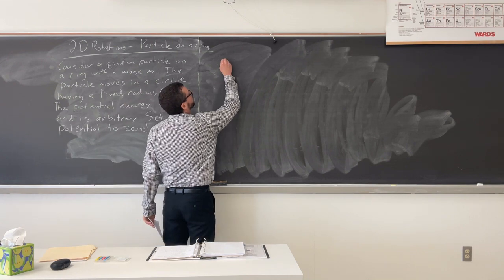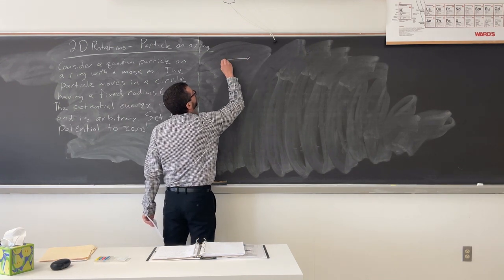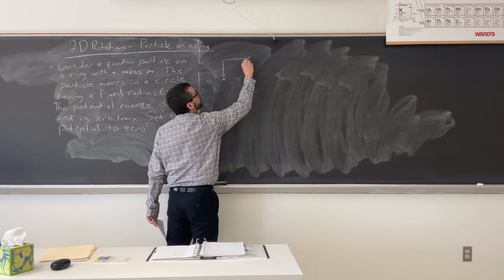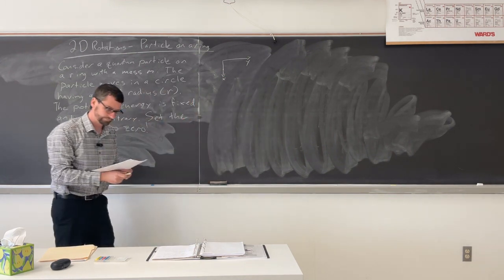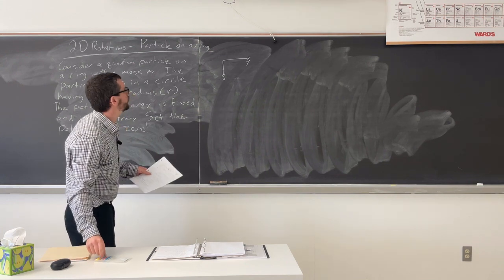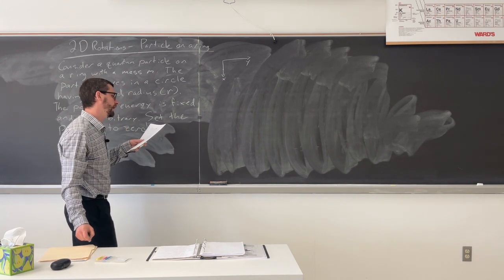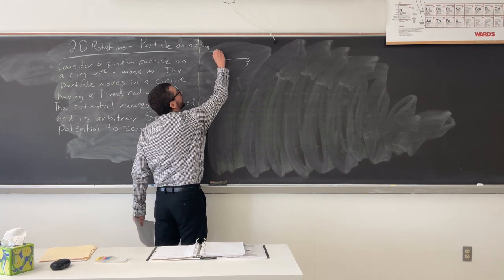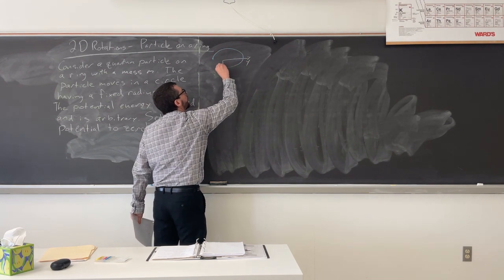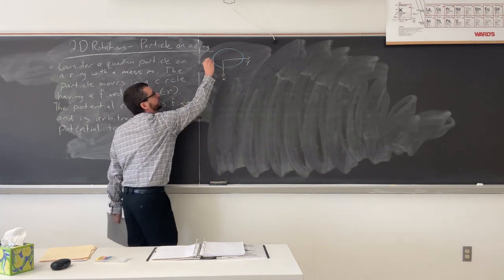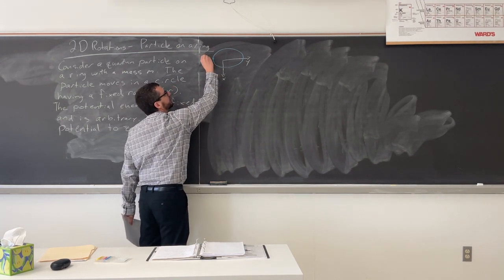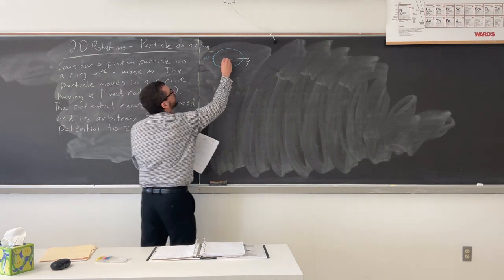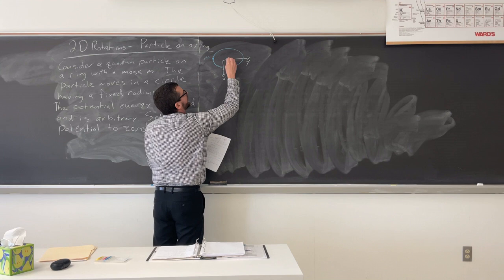We really only have to worry about 2 axes that I'm going to draw. Got x and y. We said that the particle is moving around. Here's our particle. It's traveling in some circle. Got some mass m. And if we were to measure, oh God, I did a terrible job.